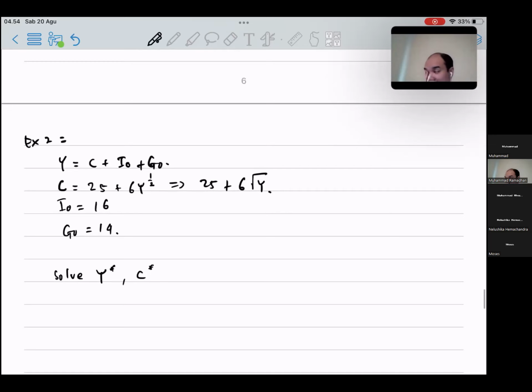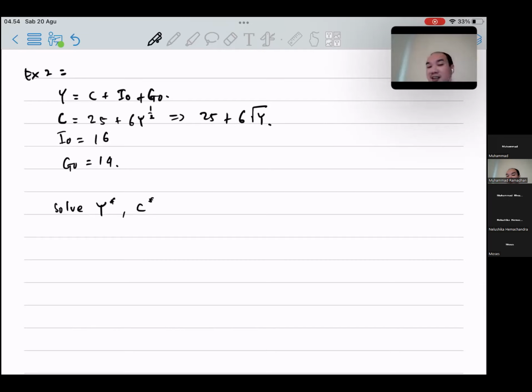So it is easy. It is a macroeconomics case, and it is just a closed economy because there are no export and import. So you can apply this equation to this, and this to this equation.